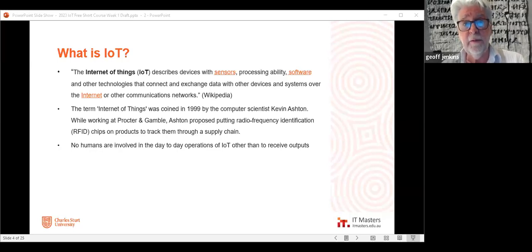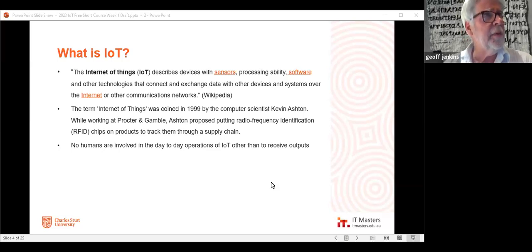And so that says there exchange data with other devices and systems. But the focus becomes very much on exchanging data with systems. And so we get a sort of stack, a hierarchy: devices, sensors at the bottom, some communications, something in the cloud, and then somebody watching it. And that's the stack that we'll talk about later.